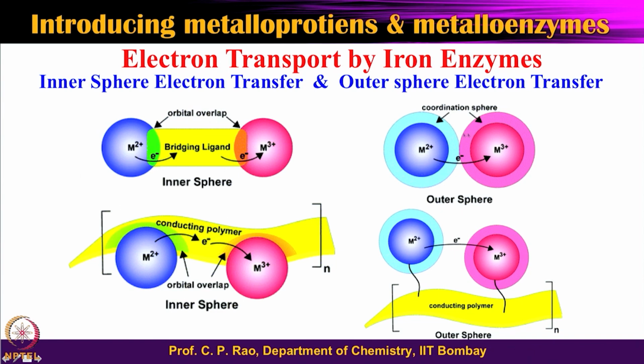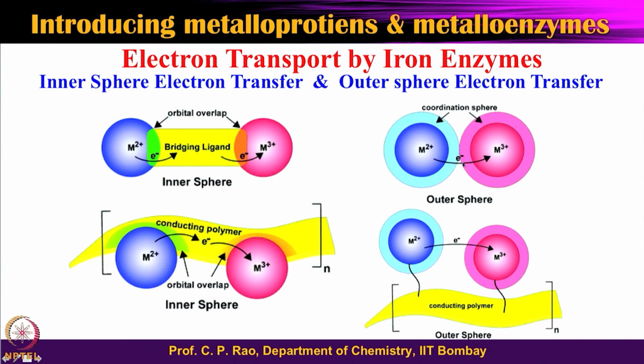Now, what is outer sphere? Come to the right side. You have one complex, another complex will have some ligands, and the ligand will have some pi kind of cloud that is shown over here in the green portion, and here shown by the pink portion.